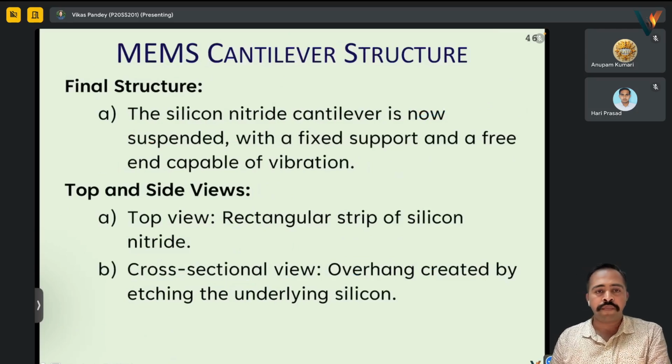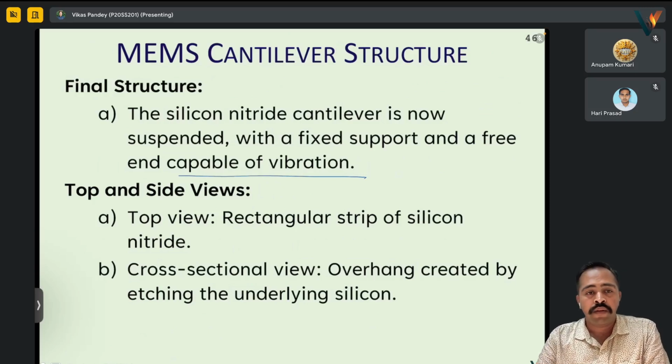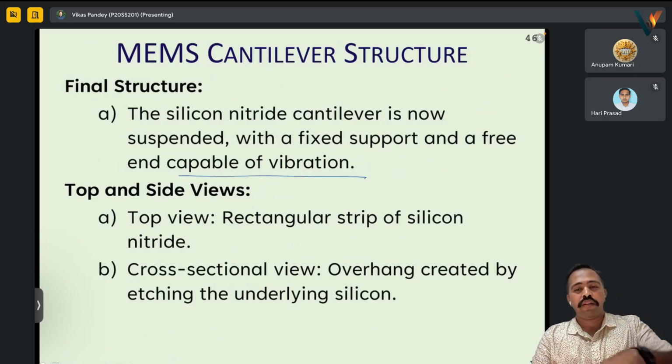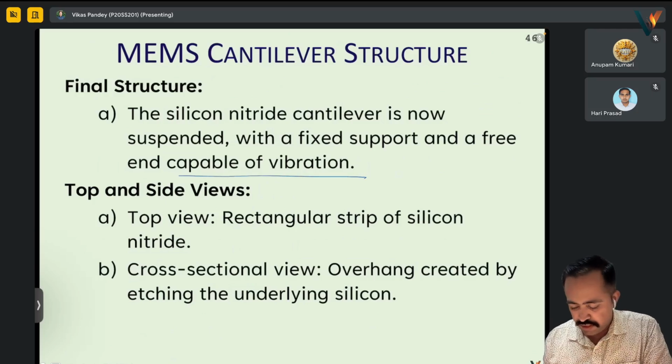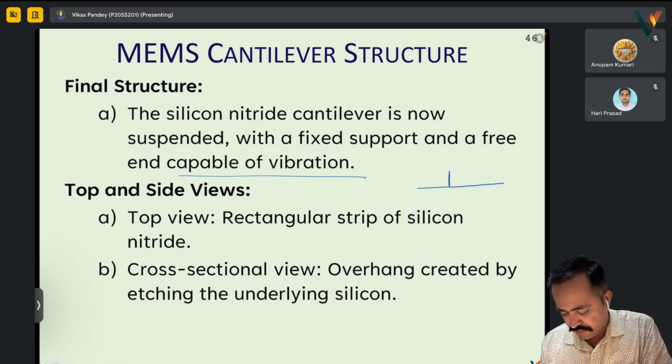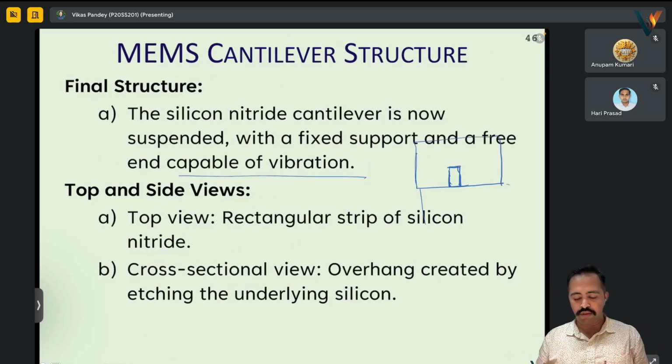So it is capable of vibrating. If you see from the top, you will see a rectangular silicon top view, and there is a hole here, a silicon hole, and from the top side you will just see a rectangular silicon nitride strip.